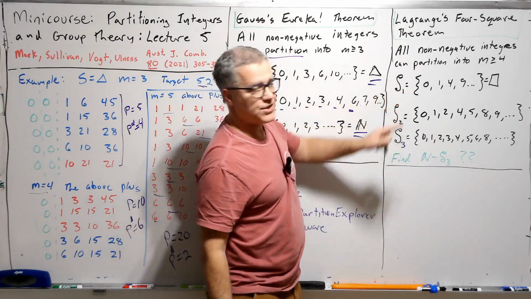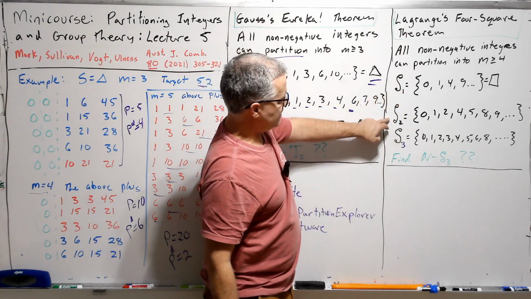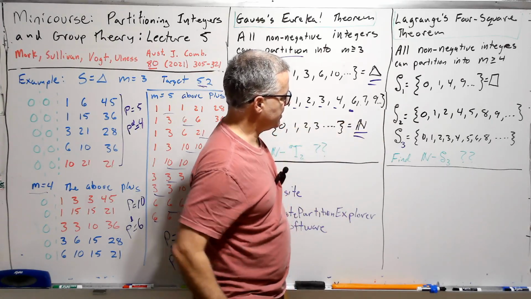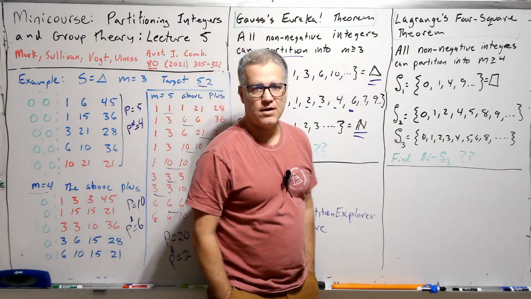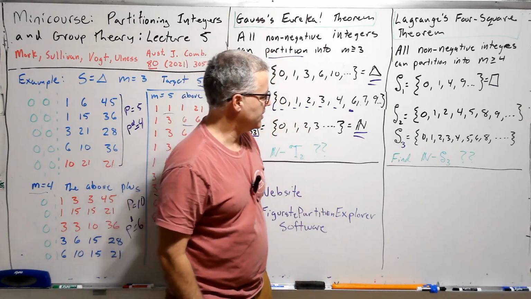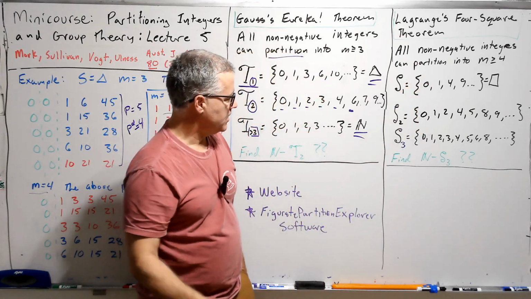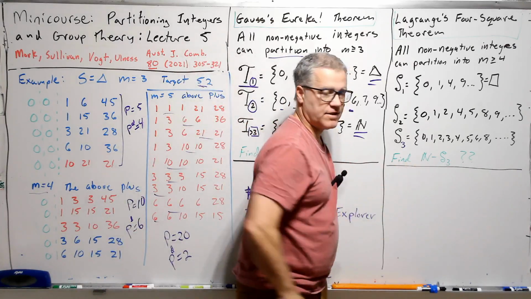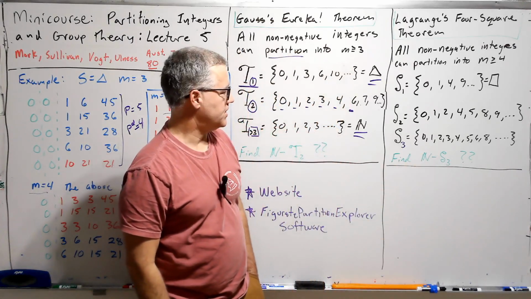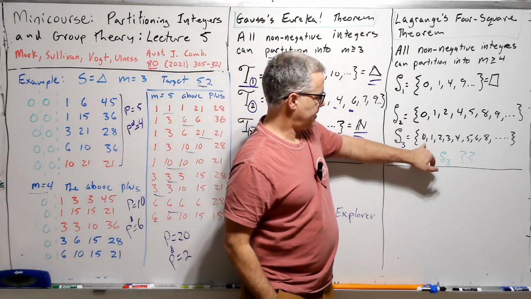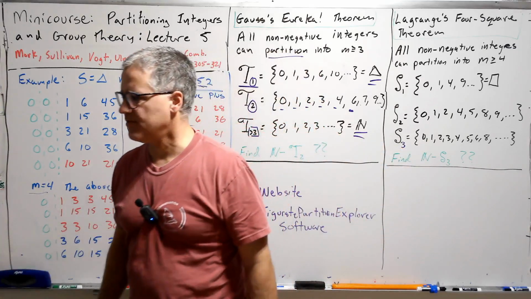The first set, of course, is going to be the square numbers, and then these 2 sets are going to be numbers that are missing some, not all of the integers, and then S4 would be all of the integers. So let's do what we did over here and see if we can find the sequences that are n minus S3. So let's go back and do that.